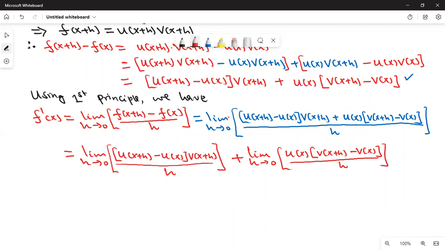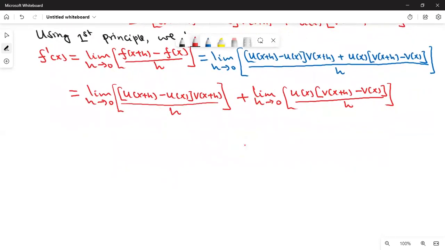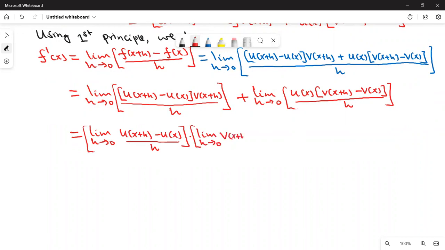Again, by the properties of evaluating limits, this limit can be written as the limit as h approaches 0 of u of x plus h minus u of x, divided by h, times the limit as h approaches 0 of v of x plus h.